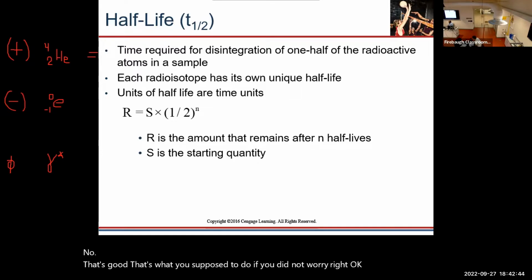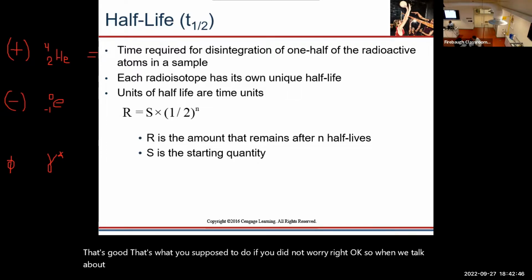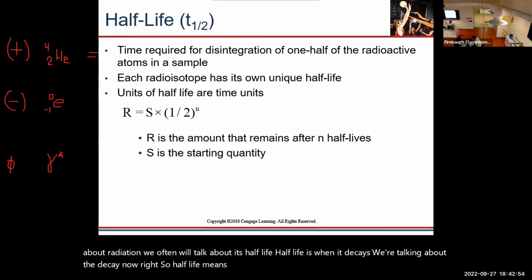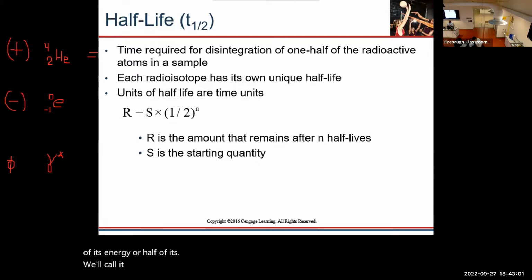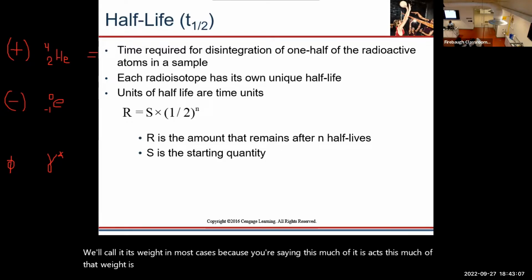So when we talk about radioactive materials, we often talk about its half-life. Okay, so half-life means that's the point where half of its energy, half of its weight in most cases, because we're saying this much of it is half. So a lot of times when we think about half, we think about stuff being broken down.